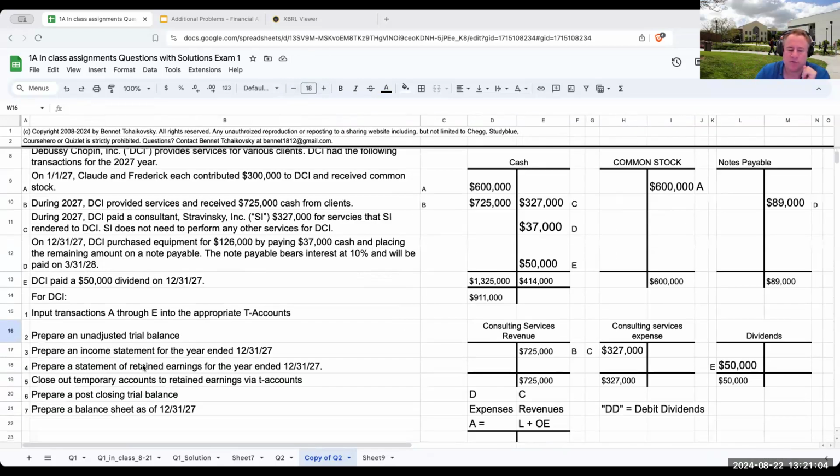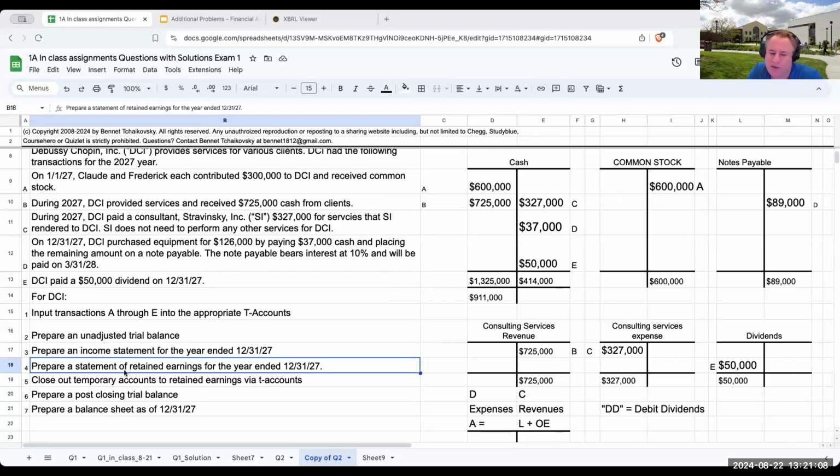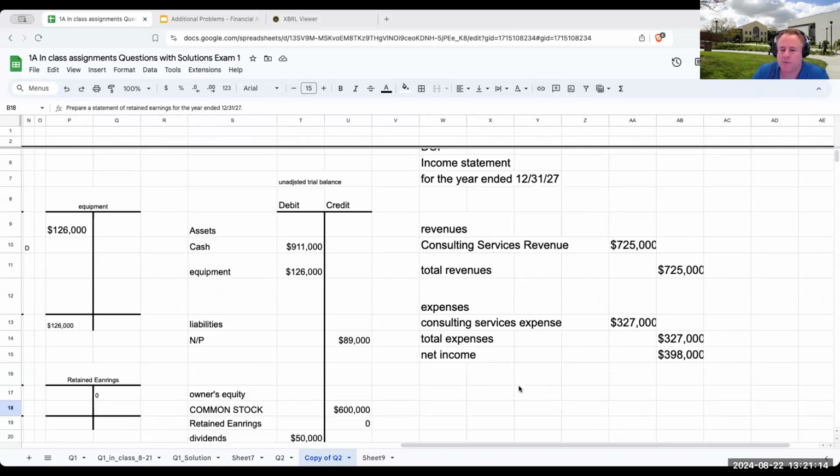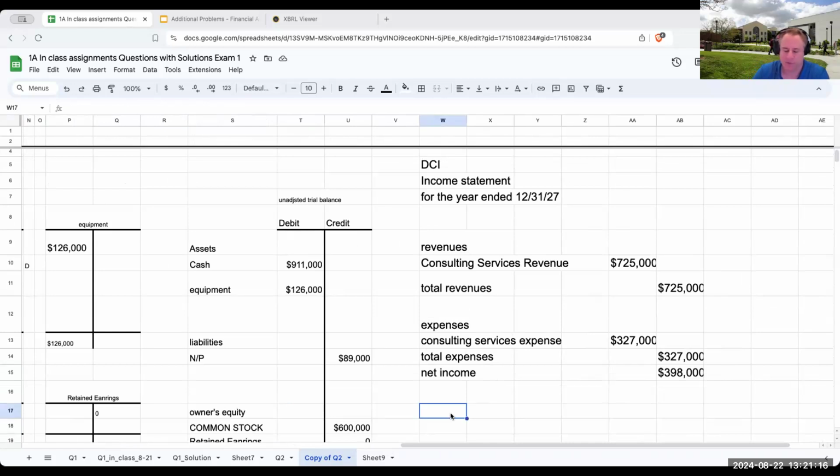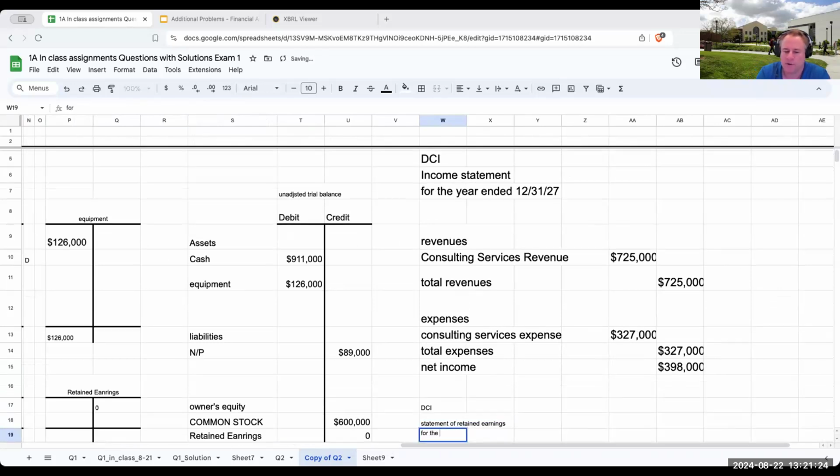The next one is basically going to be prepare a statement of retained earnings for the year ended 12/31/27. So follow the same example. DCI, statement of retained earnings for the year ended 12/31/27.